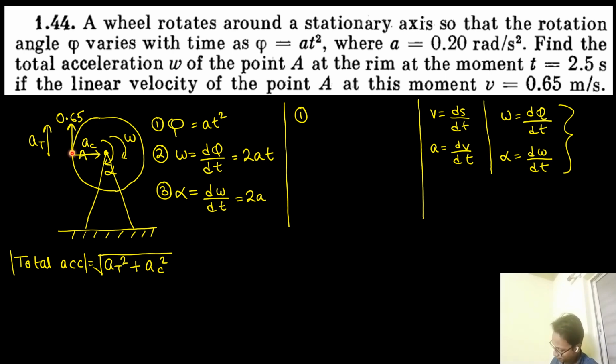So the relation is v equals omega r. The value of omega is nothing but 2at, and v is given in the question. I have to find out r.